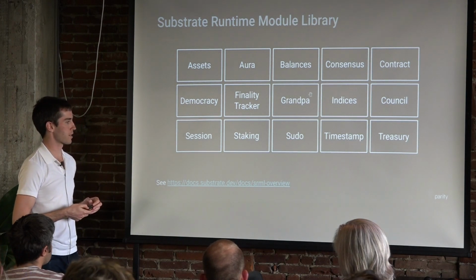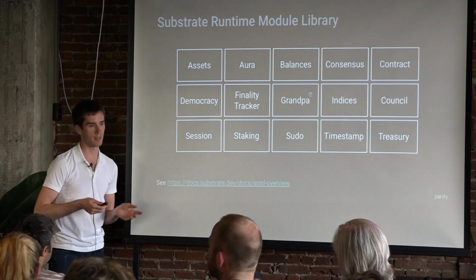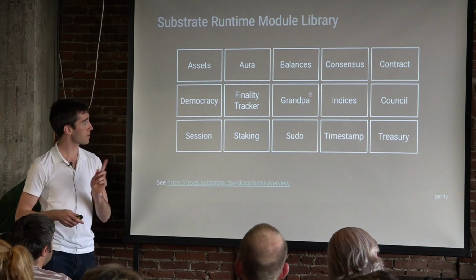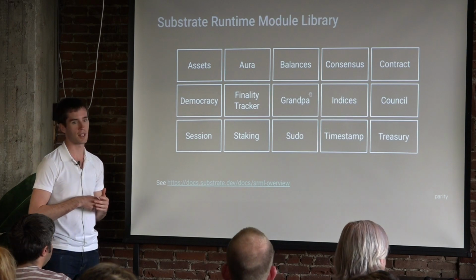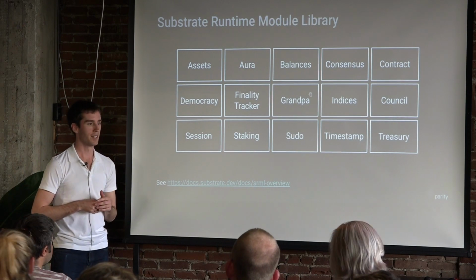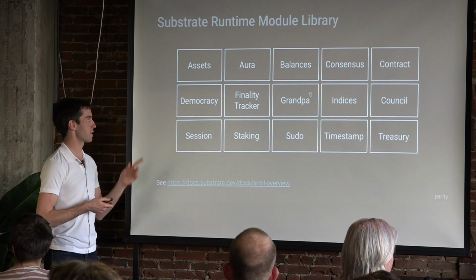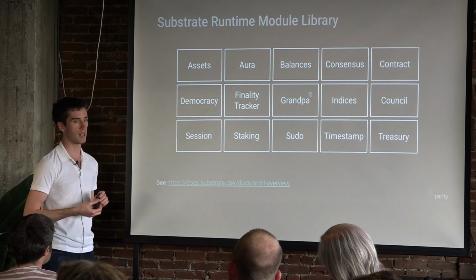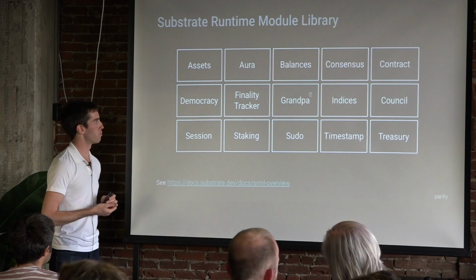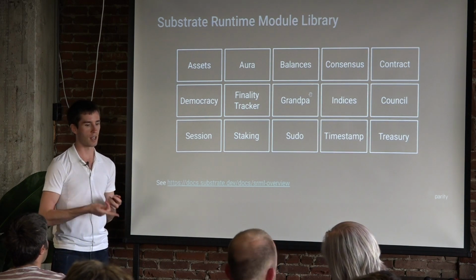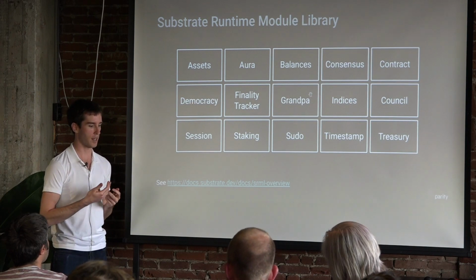That just supports your Ethereum-style key-value database of accounts and balances. It's not listed on here, but somebody wrote a runtime that does UTXO set accounting also. So you don't have to use accounts and balances. But this also provides a multi-currency implementation. So balances provides a few traits like currency, lockable currency, reservable currency, and vesting.